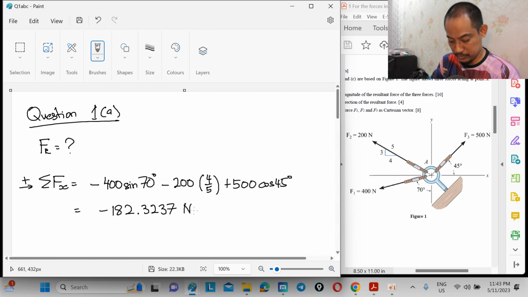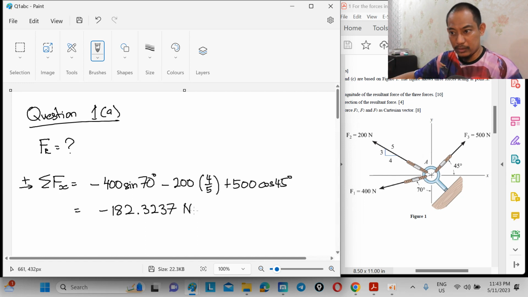Double check: minus 400 times sine 70 minus 200 times 4/5 plus 500 times cos 45 is minus 182.3237.